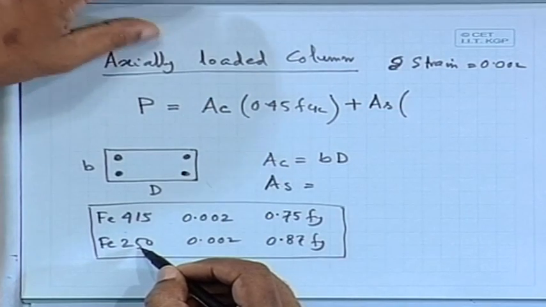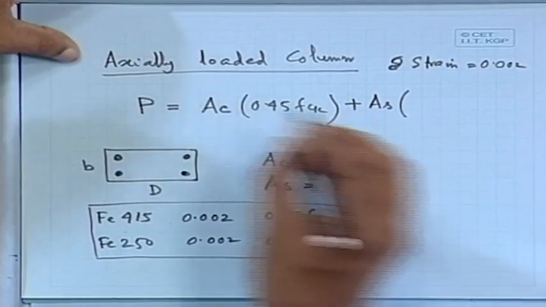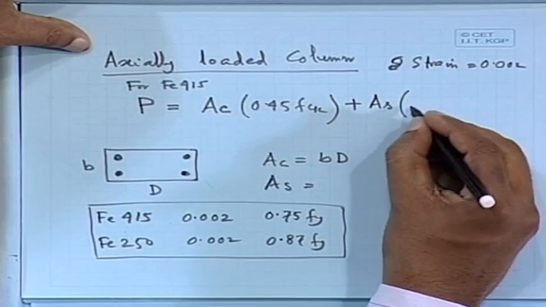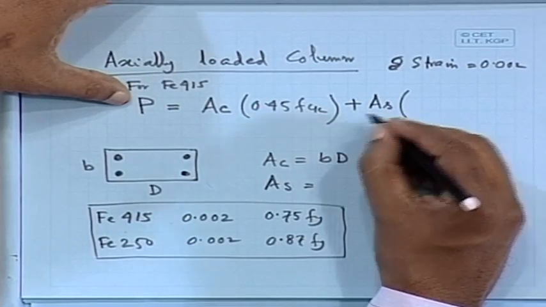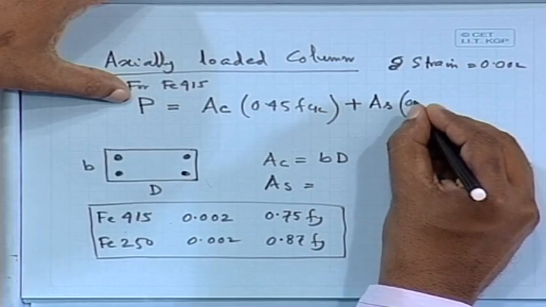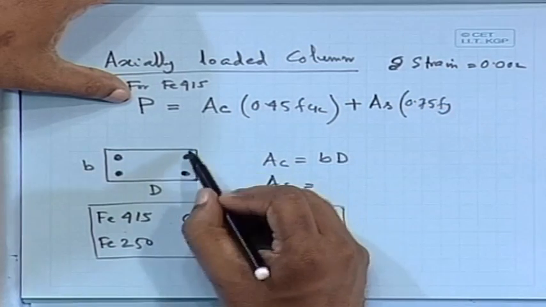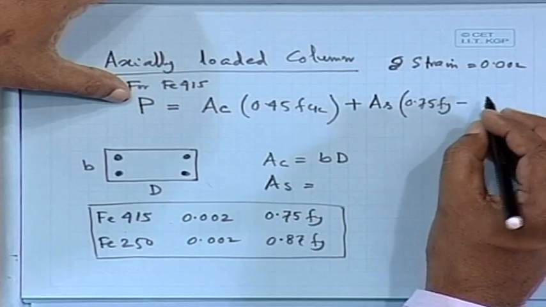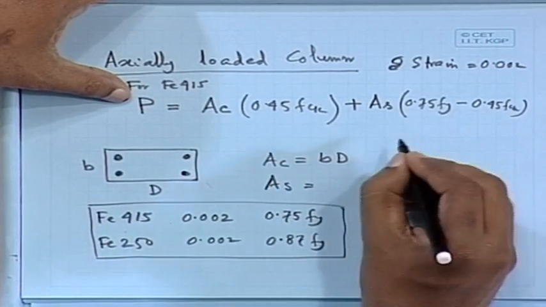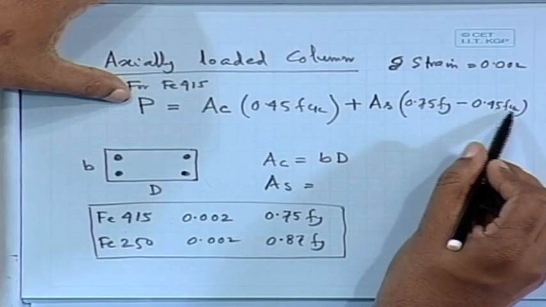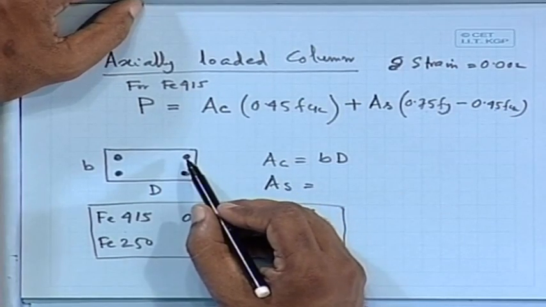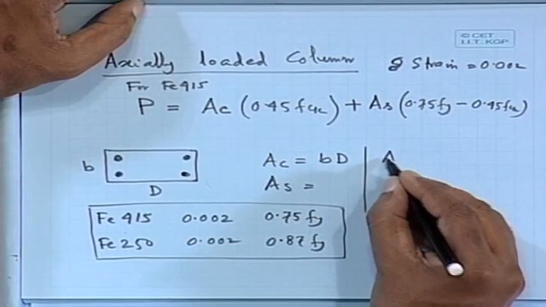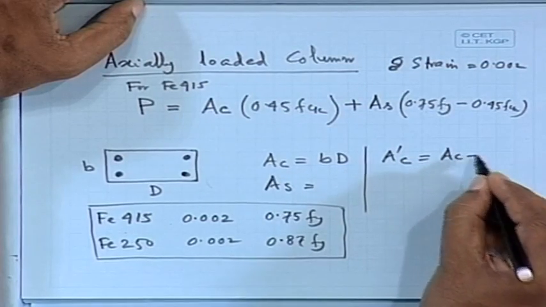Let us write down for Fe 415: the maximum load it can carry is the concrete portion plus As times 0.75 fy, but we have already taken the concrete portion, so we subtract it: As times (0.75 fy minus 0.45 fck). Alternatively, you can take A'c equal to Ac minus As.